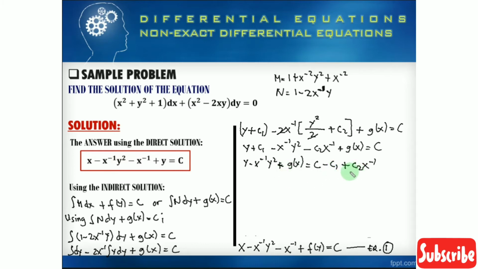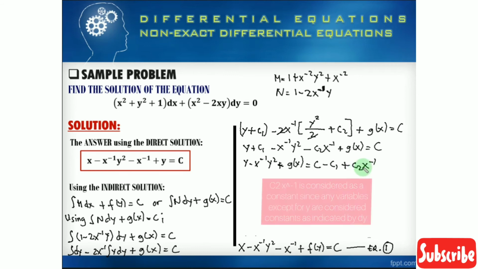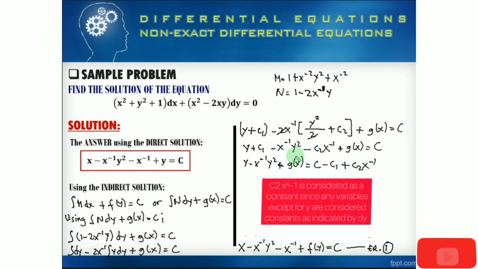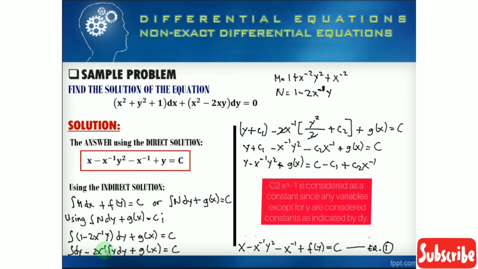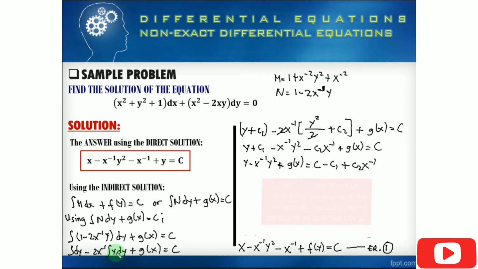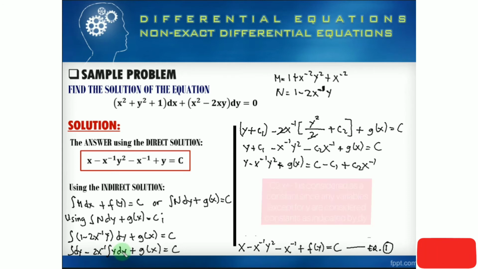so actually you may wonder why is it that this c2 x raised to the negative 1 is considered constant? Because here when we are considering the integral of this given with respect to y, we let this y be our variable.